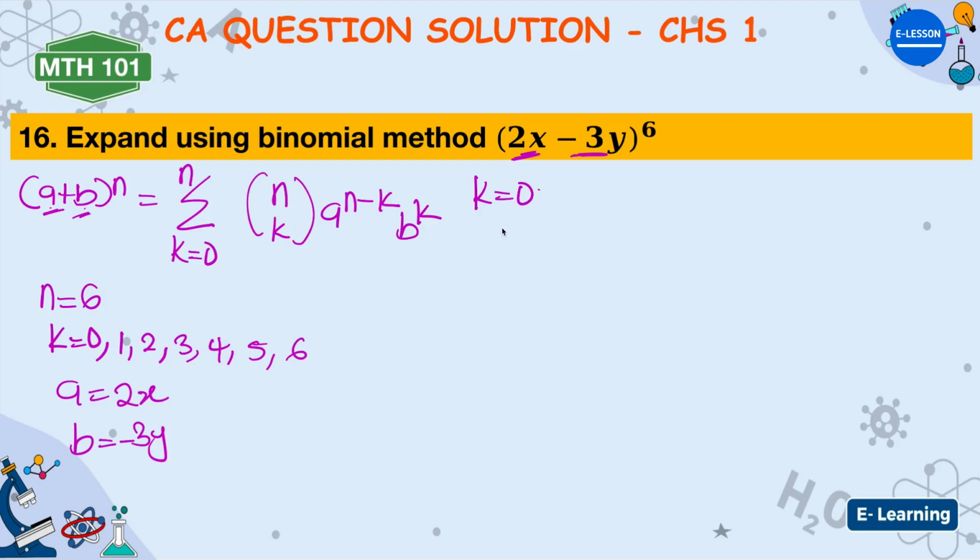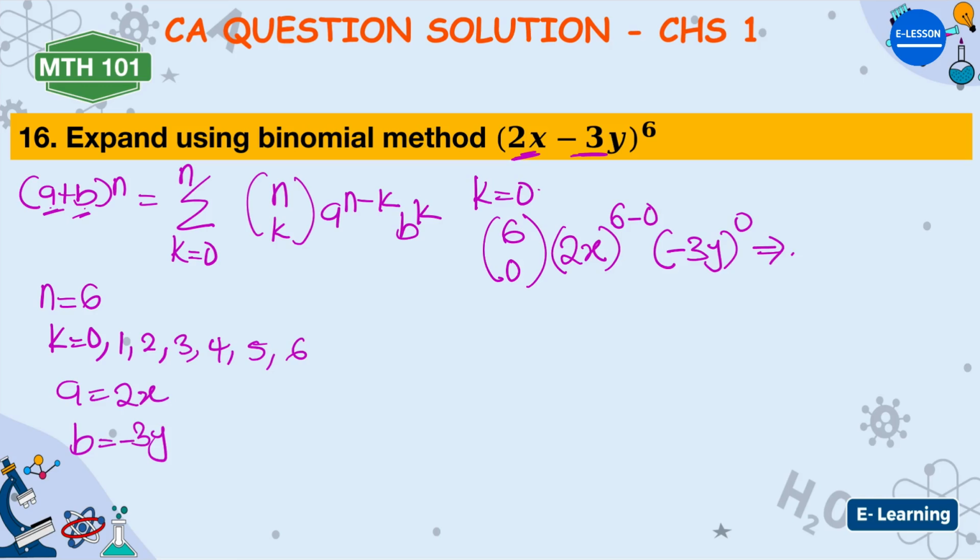So when k is equal to 0, my dear student, you use this formula: n is 6, k is 0, 6 combination 0, a is 2x, bracket, to the power of 6 minus k, which is 6 because our n is 6, bracket, minus 3y to the power of k, which is 0. 6 combination 0. You've been taught permutation and combination, right? 6 combination 0 is going to give us 1.